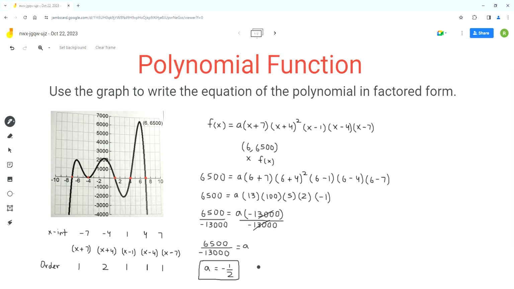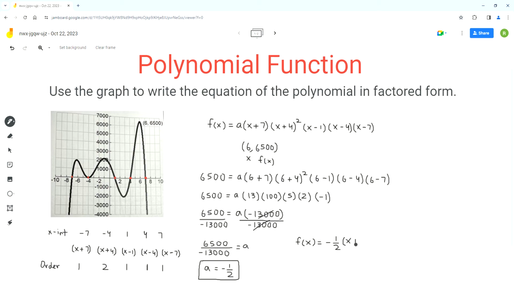So now we can use this value of a to write our final answer for the equation of this polynomial function in factored form. So the equation will be f of x equals negative 1 over 2, and then we write all the factors.